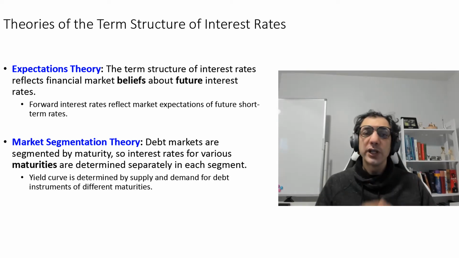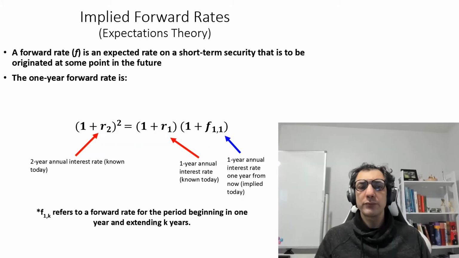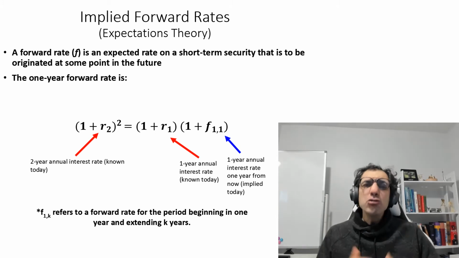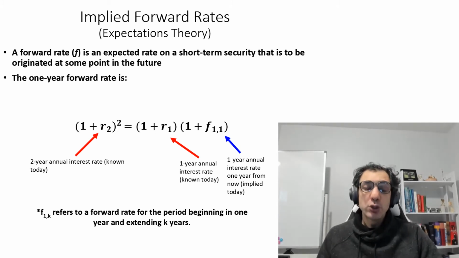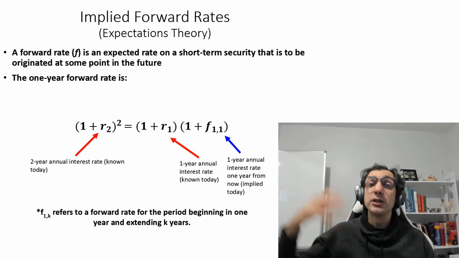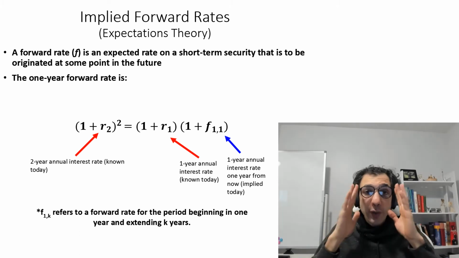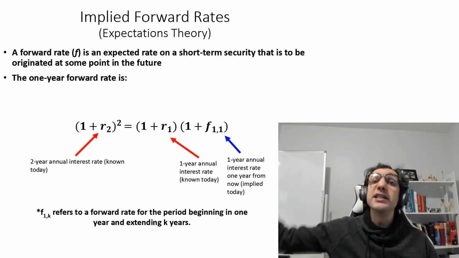From now on, the focus will be mainly on the expectations theory, and as I mentioned, I'm going to talk more about the forward rates. So we can use the expectation theory to calculate the implied forward rates. So if the short-term interest rates are determined based on the expectation, we can calculate the forward rates now for some time in the future.